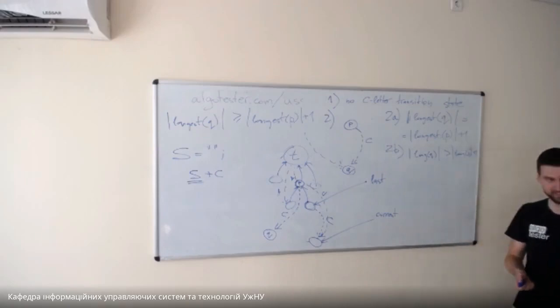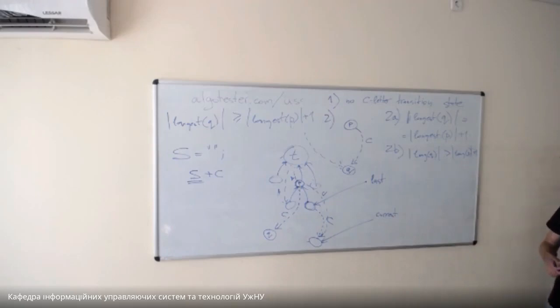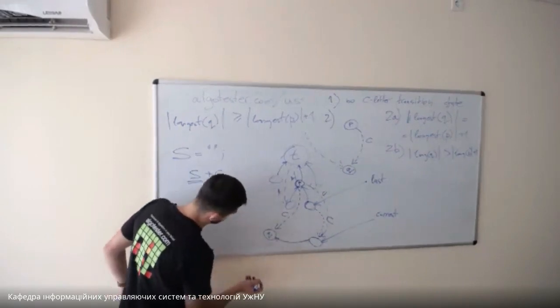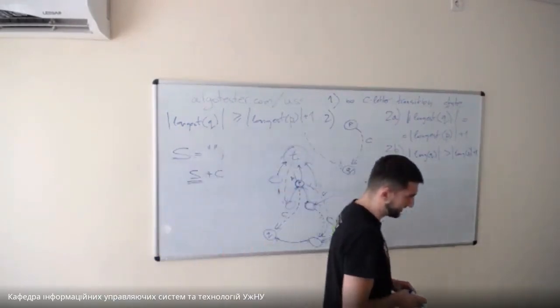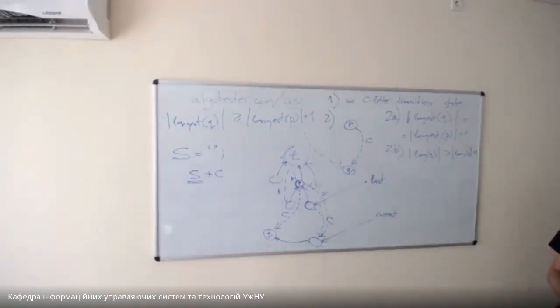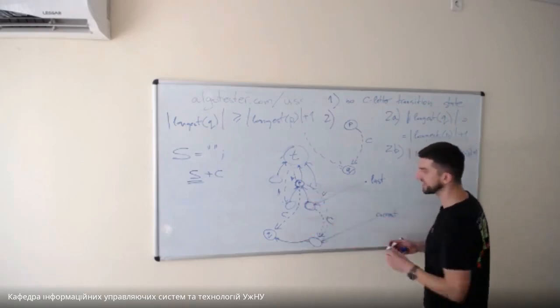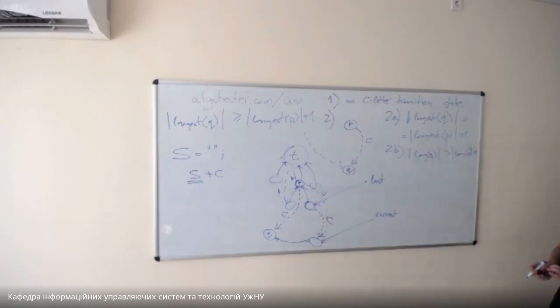Because not P. That makes sense. So let's assign a suffix link from the current to Q because it's not P. And since P is somewhat similar to NP, hard problems, let's just not mess with P. Let's stick with Q.